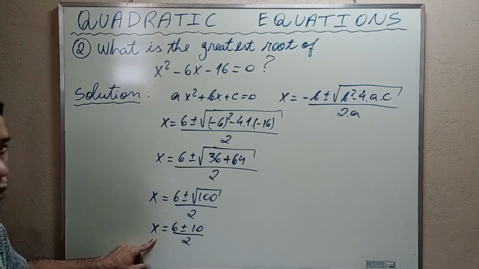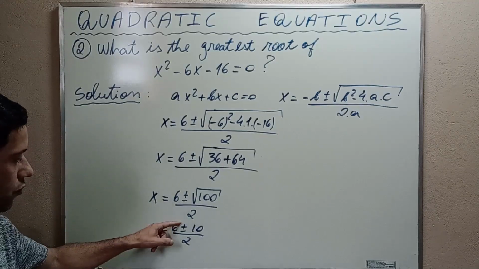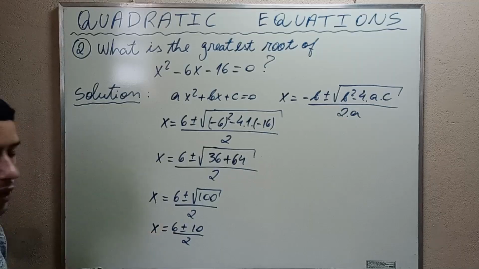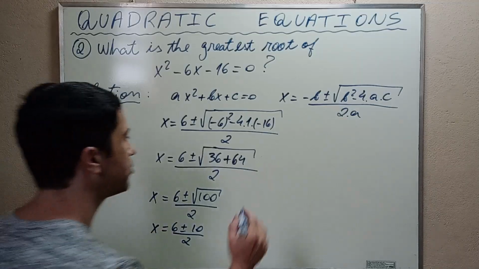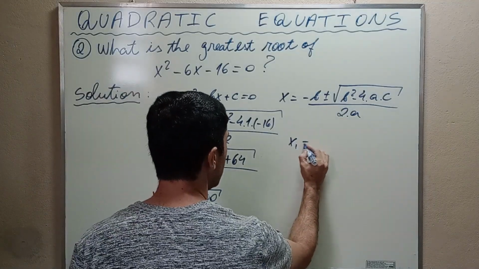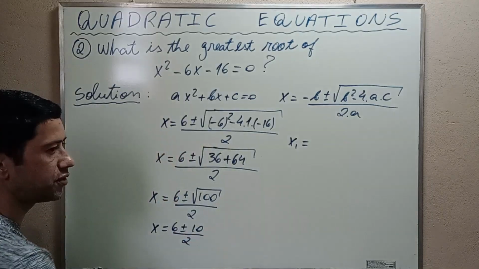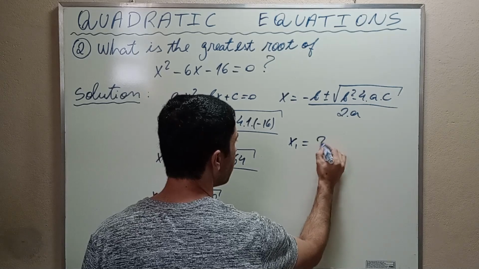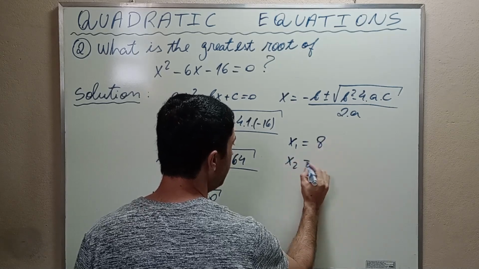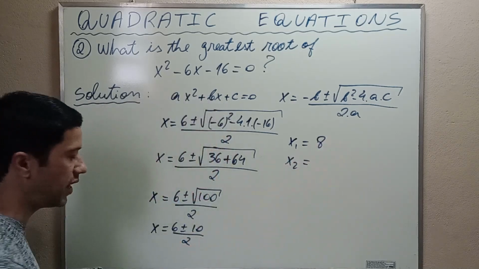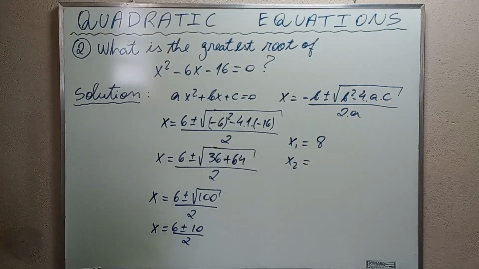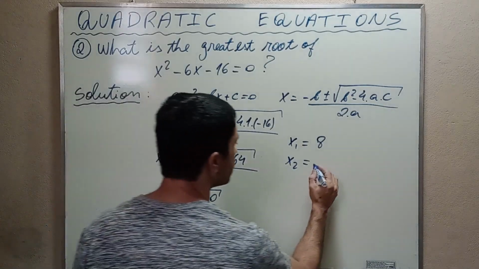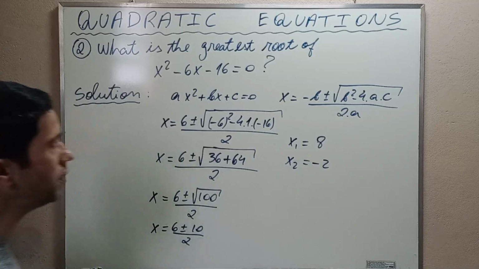We will have two roots here. We have two signs here, then we will have two roots. x1 is equal to 6 plus 10, 16 divided by 2 is 8. And x2, 6 minus 10 is minus 4, divided by 2 is minus 2. Alright?